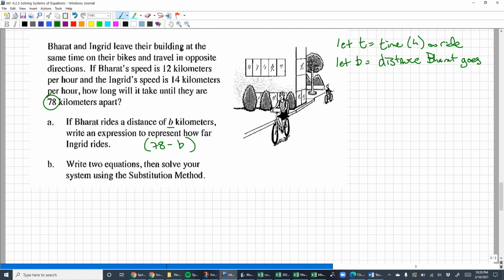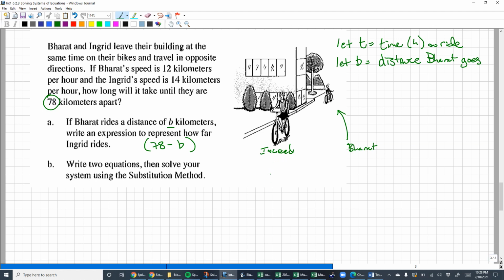What we're going to do is write an equation. And a nice way that we can do this is we can write an equation for Ingrid, and we can write an equation for Bharat.